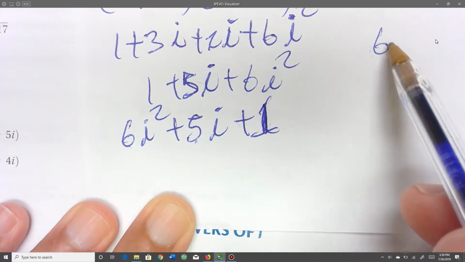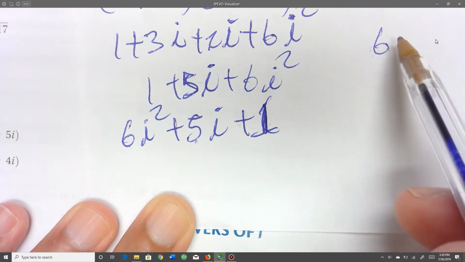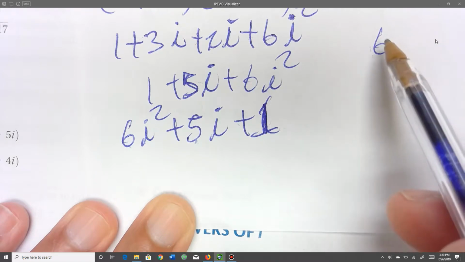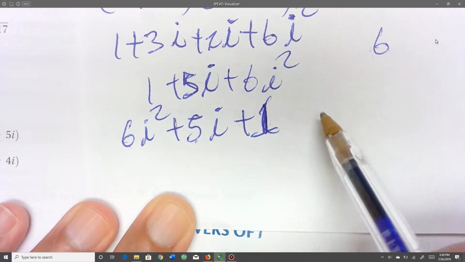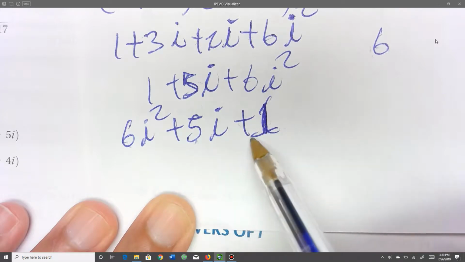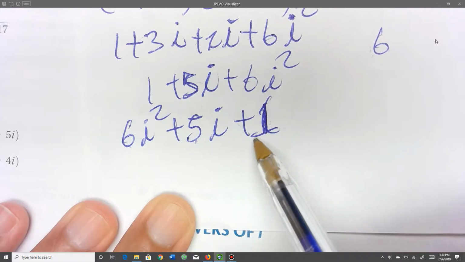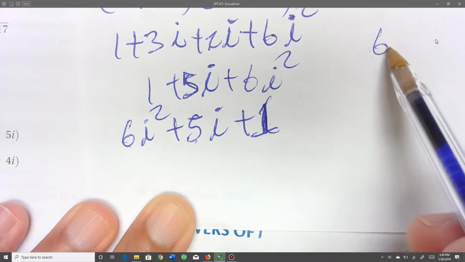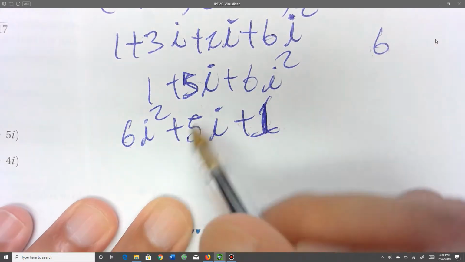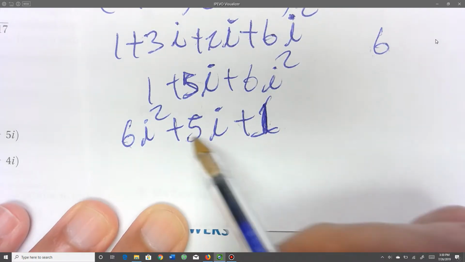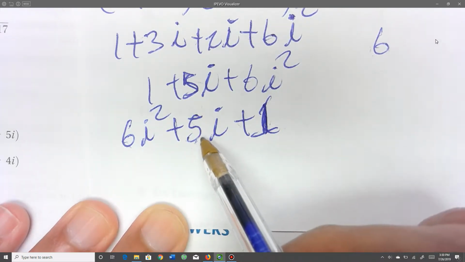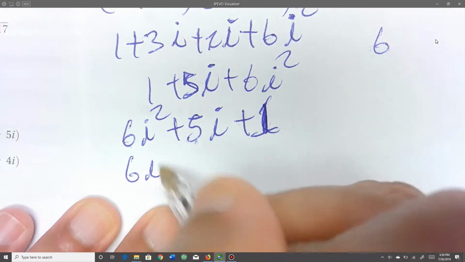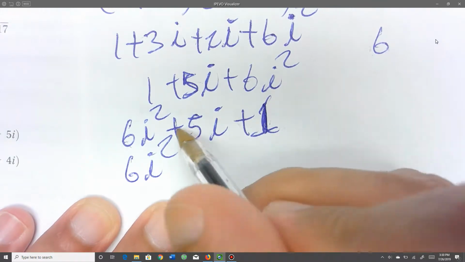So 6 times 1, I don't think that's going to be possible. Hold on. No, that's because I need 2 positives, and if I multiply 3 times 2, 3 times 2 is 6. When added together, it gives me 5. So that I use to split up the middle term.